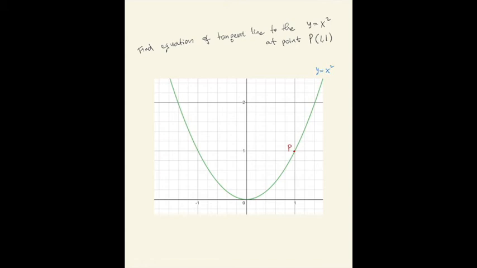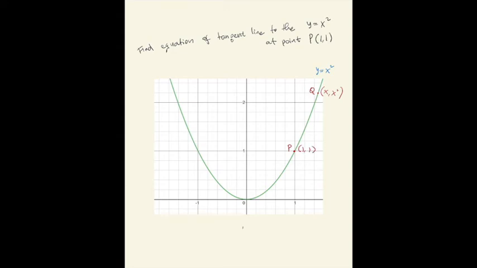Okay, so imagine if we haven't learned any derivative, it will be difficult. But there's a way, and it's similar to what Newton did. So let's just take any point here, Q. Because it's x squared, we have point (x, x squared), and this is (1,1).